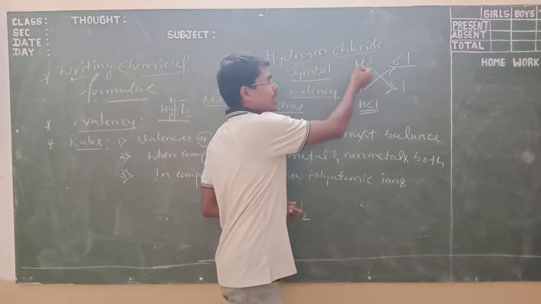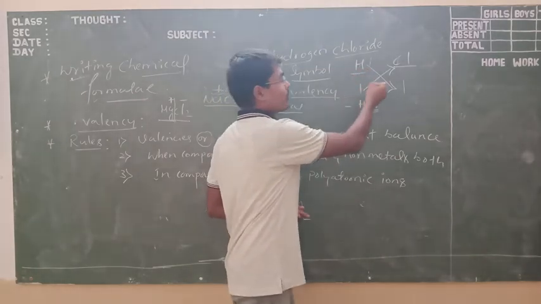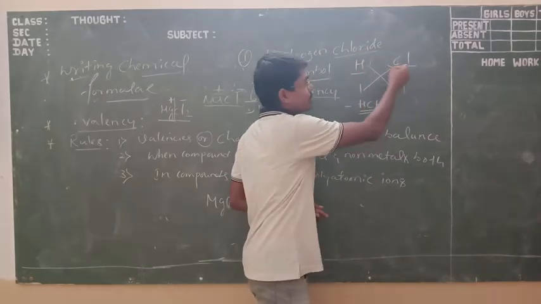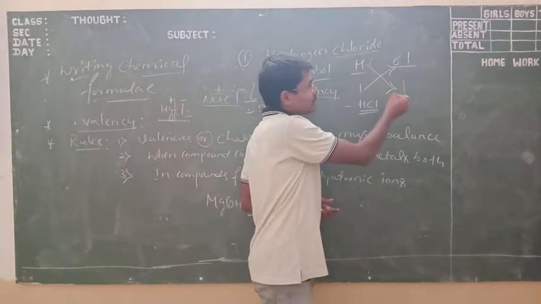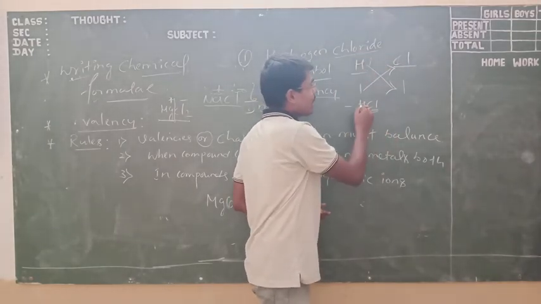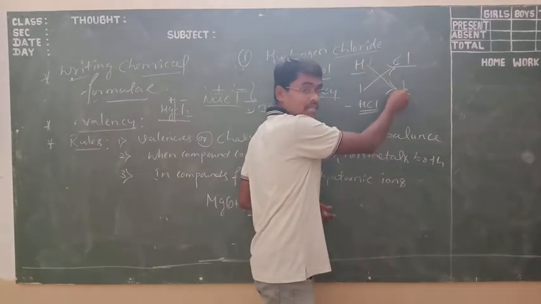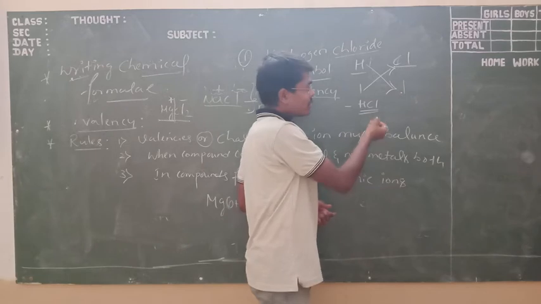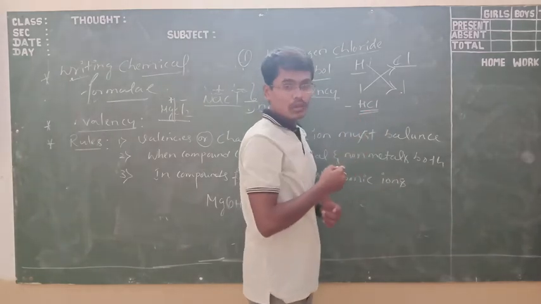The valency of hydrogen is 1 and the valency of chlorine is also 1. By cross multiplication we will get H into 1, H, Cl into 1, Cl. The resulting compound is hydrogen chloride.